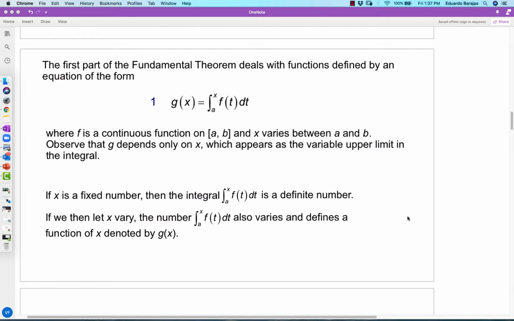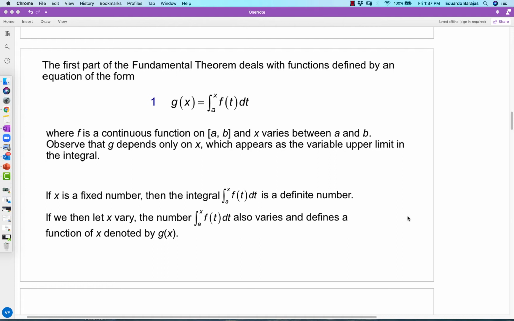So the fundamental theorem of calculus comes in two parts. For the first part, we need to define a function this way. So let's define the function g of x to be equal to the integral from a to x of f of t dt. This is where f is a continuous function on [a, b], and x varies between a and b. Observe that g depends only on x.